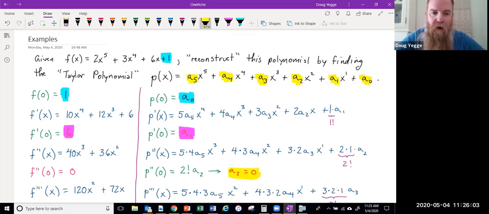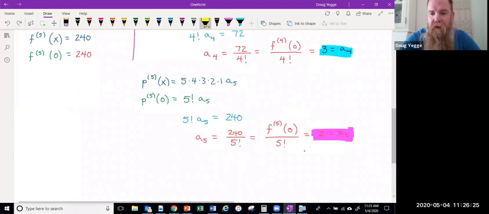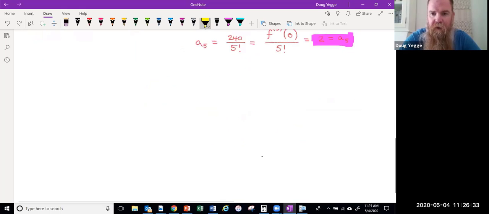All I need to know are the first few derivatives, and I divide those derivatives by each of the subsequent factorials. That's why the degree 5 coefficient, a5, was the fifth derivative divided by 5 factorial. And this is the crux of creating a Taylor polynomial.